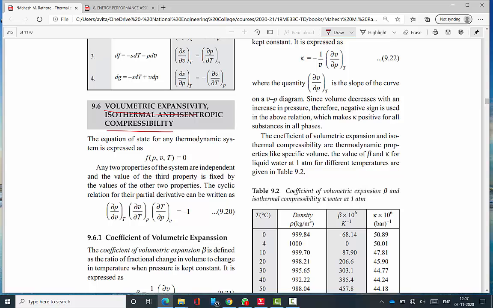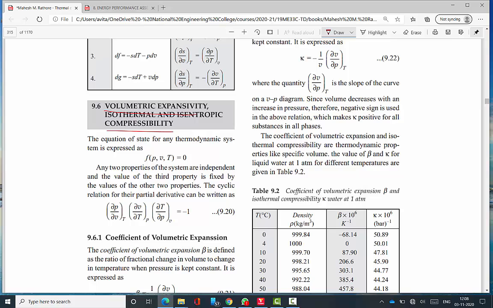Then the equation of state for any thermodynamic system is expressed as a function, the main important function. For a thermodynamic system, the function of P, V, T, pressure, volume and temperature, is equal to 0.